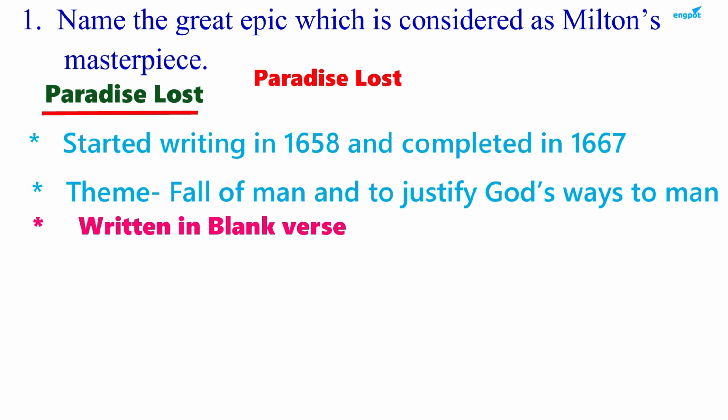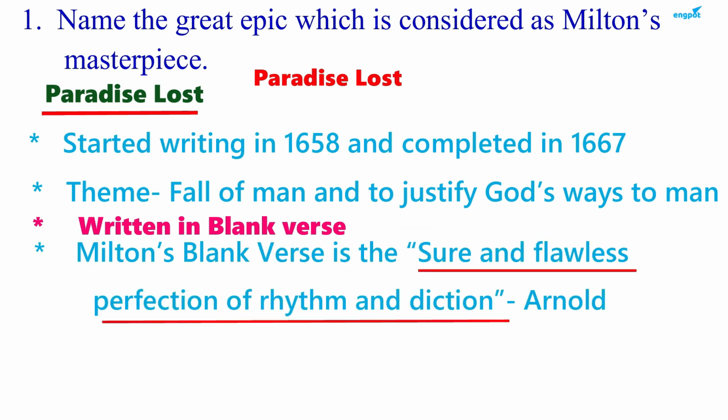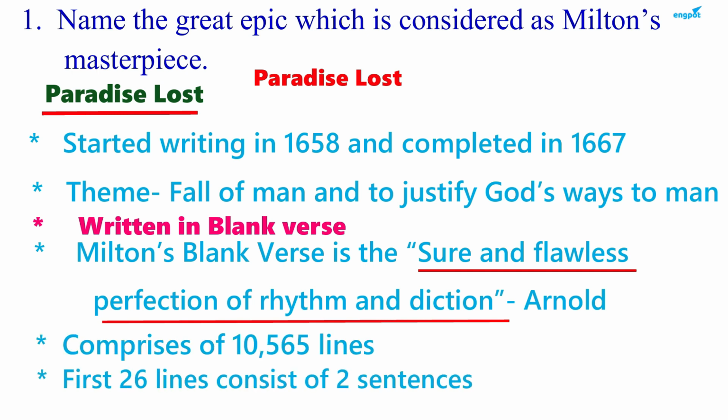Here are a few words by Matthew Arnold, one of the most influential writers of the Victorian age, on Milton's blank verse. That is, Milton's blank verse is a sure and flawless perfection of rhythm and diction. Now, this great epic comprises 10,565 lines, and the first 26 lines consist of 2 sentences.